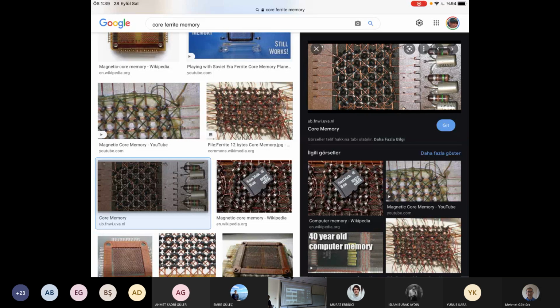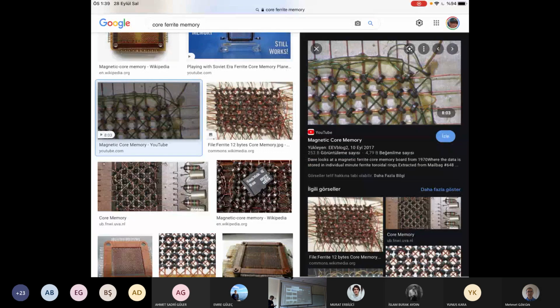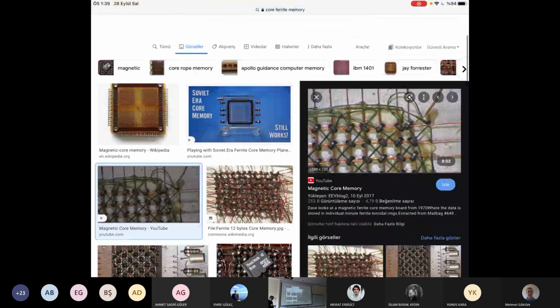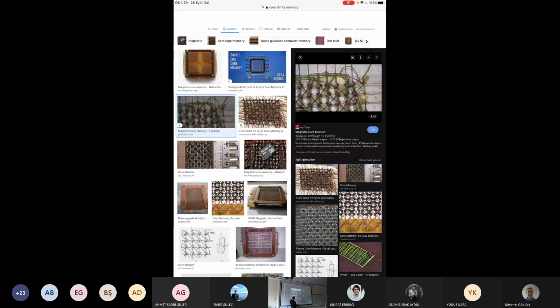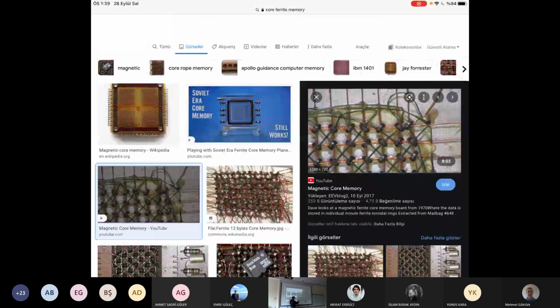This is quite a nice picture. Each of them is about the size of rice, or maybe slightly bigger.